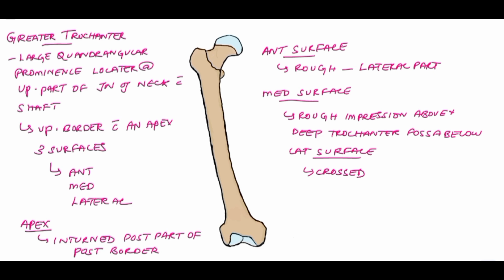Apex: it is the posterior part of the posterior border. Anterior surface: rough in its lateral part. Medial surface: rough impression above and deep trochanteric fossa below. Lateral surface: crossed by an oblique ridge directed downward and forward.